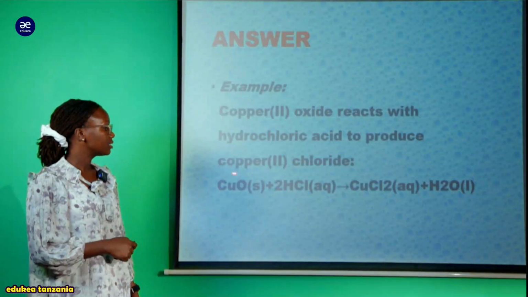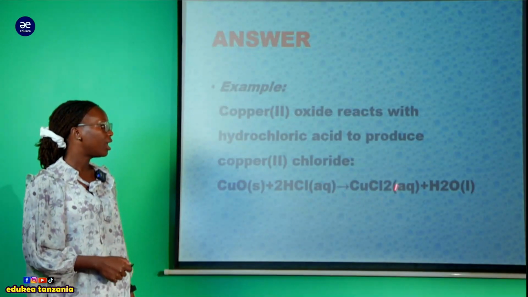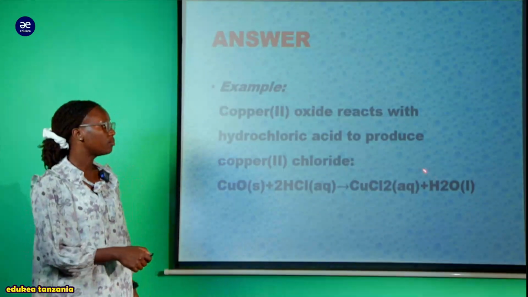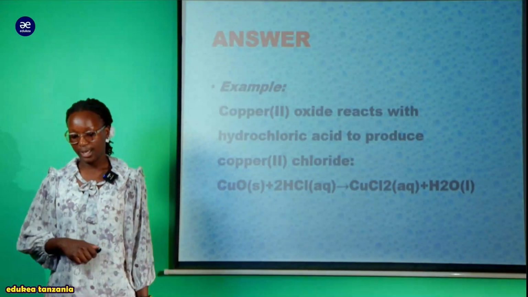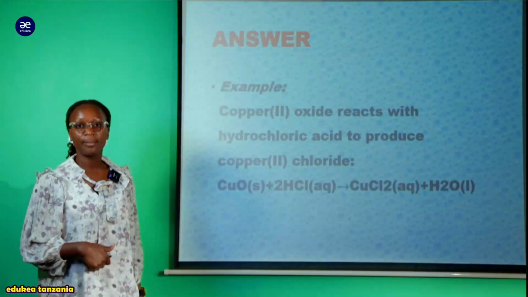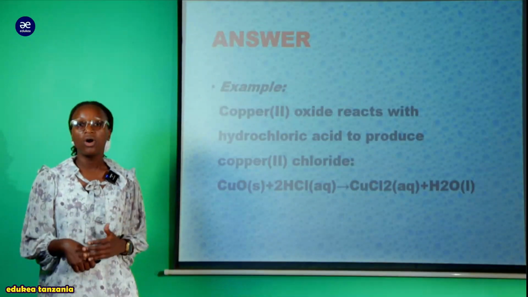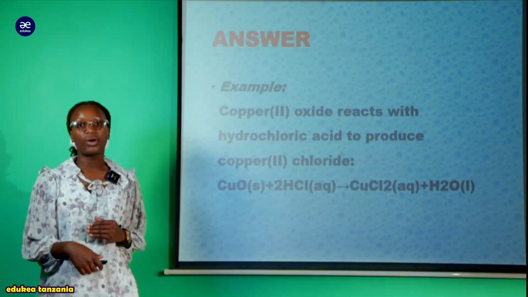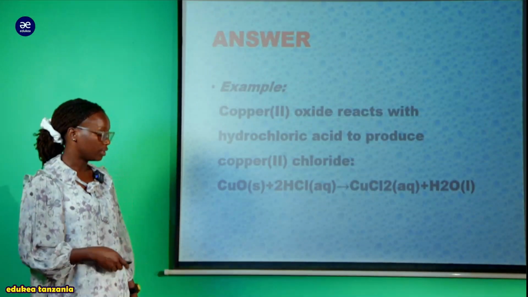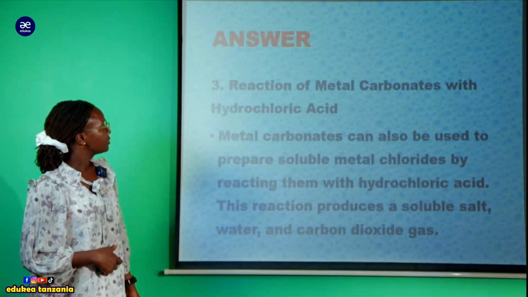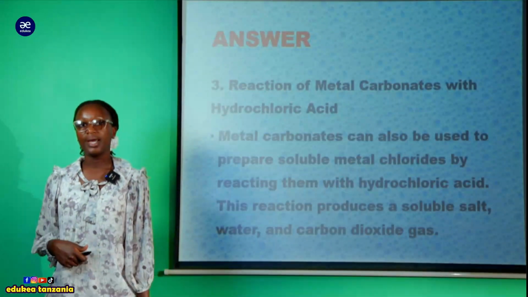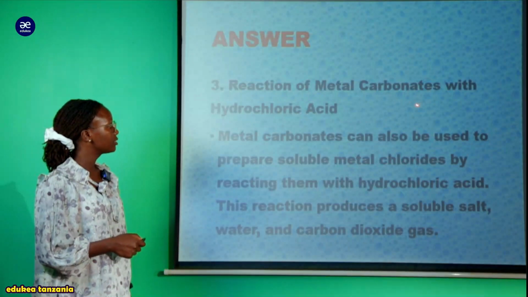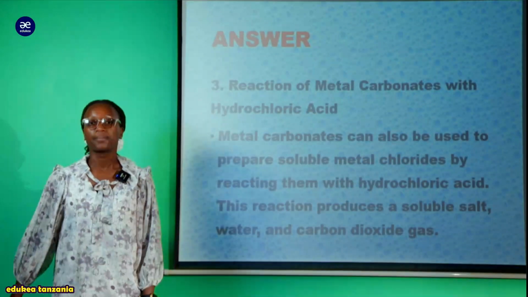After reacting, we are going to have copper 2 chloride, which is an aqueous compound, but also 1 mole of water molecule. So this is another method which can be suitable for preparing those metal chloride compounds in the laboratory. But another method, which is the third one, is the reaction of metal carbonate with the hydrochloric acid.